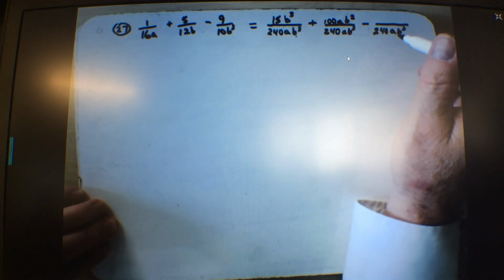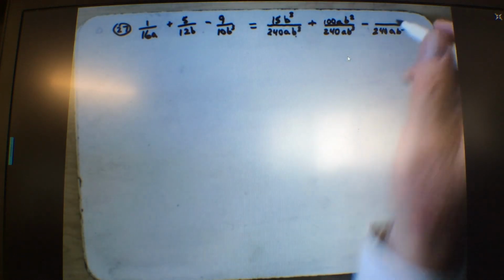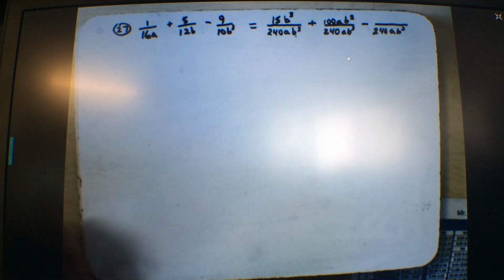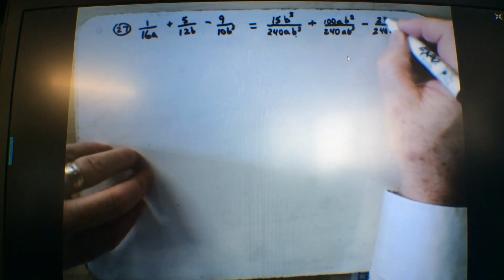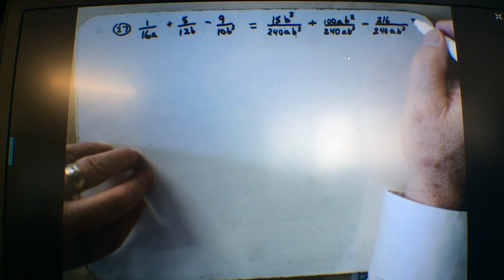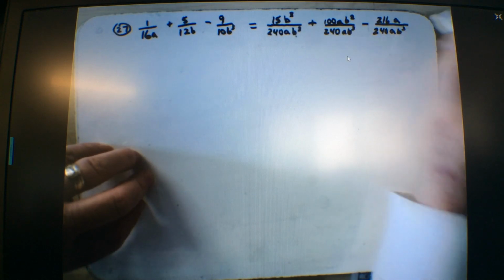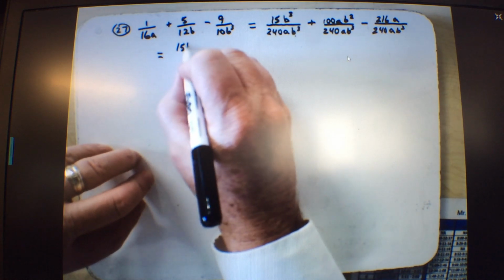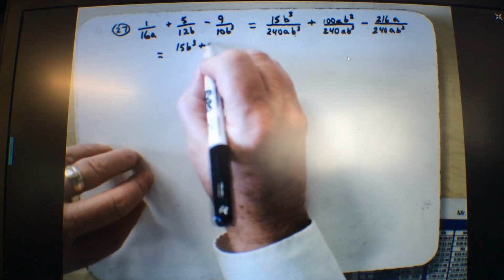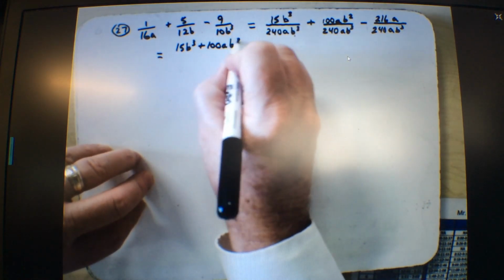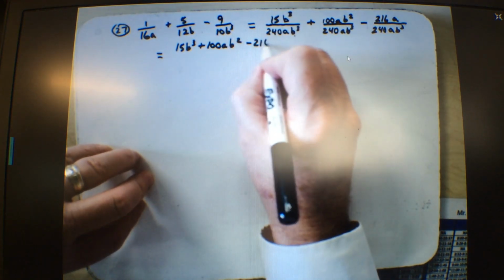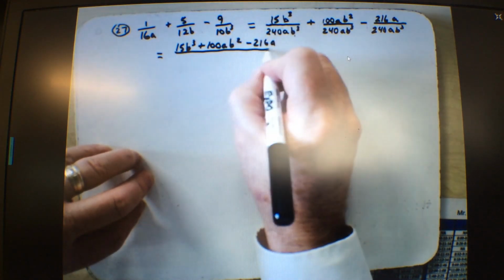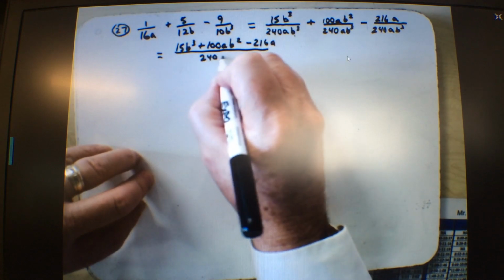And the last one is 24 times 9, 216, just a. So I have 15b to the third plus 100ab squared minus 216a all over 240ab to the third.